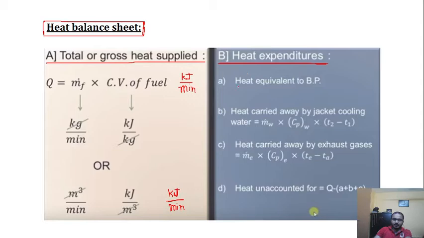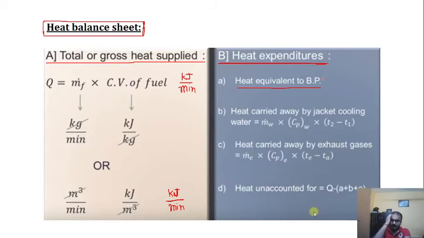There are a few subsections here, A, B, C and D. So all of them are heat expenditures. First is heat which is equivalent to brake power. That is the power which is available at the output shaft.